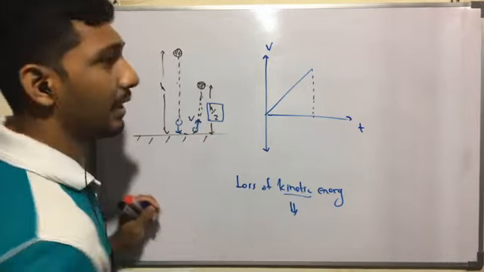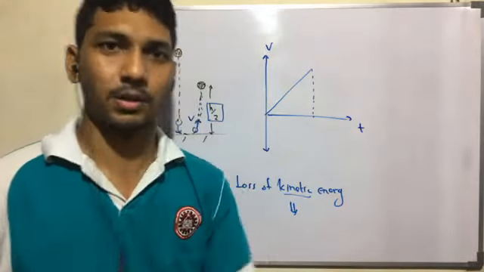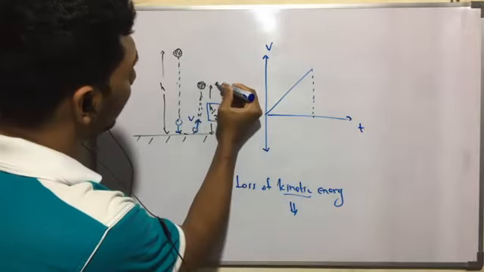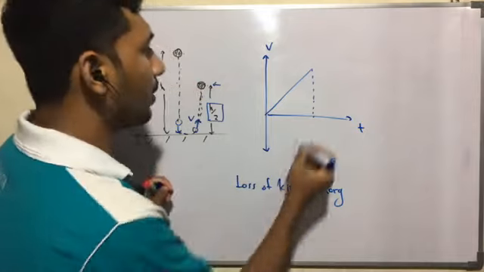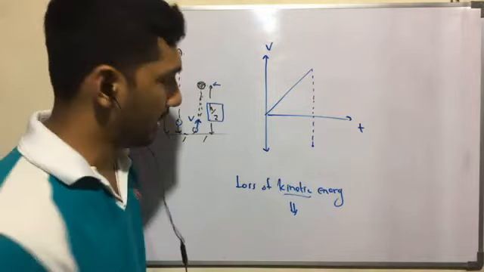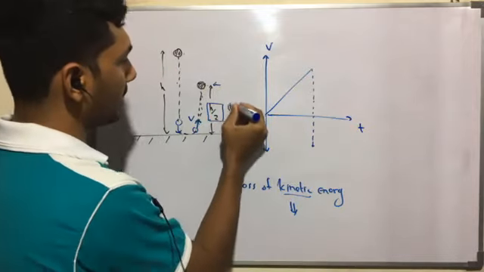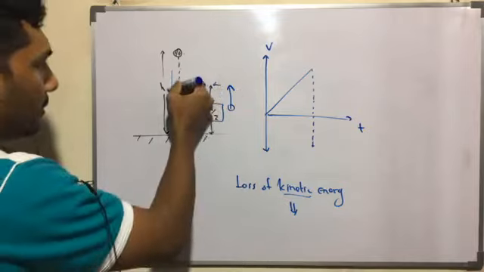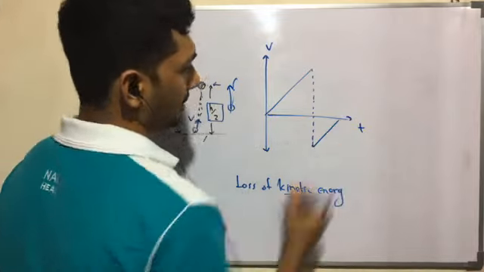The returning velocity is always smaller than the hitting velocity, so it attains only a smaller height compared to the original position. So it should start from a smaller velocity, and then it should come to rest again. That occurs in the negative direction. If this is the positive direction, this is negative, so on the negative side you draw it like this.